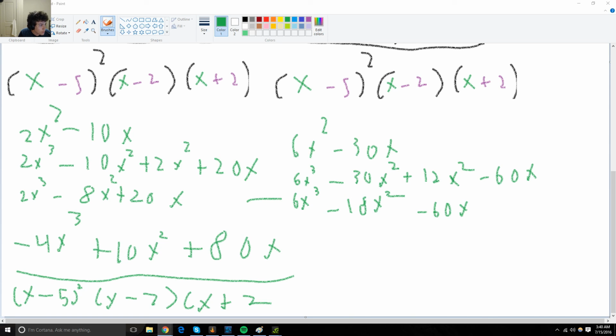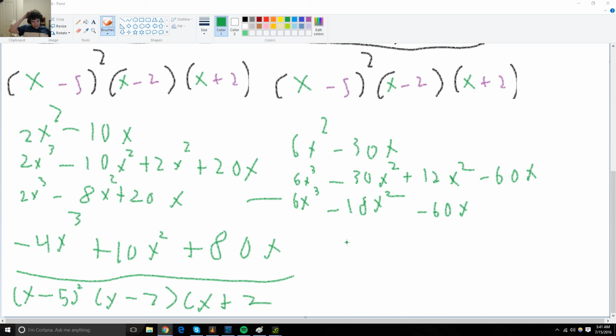Whatever. I'm using a calculator for this, guys. Don't do that. It enforces bad habits, but I don't feel like doing this, so. Find the roots. Oh, that is ugly. I did something wrong, definitely.